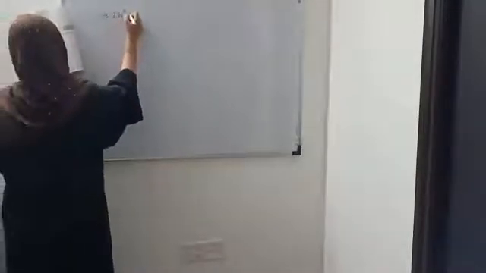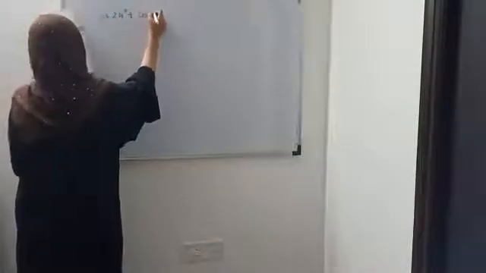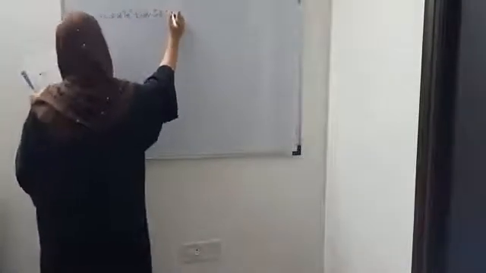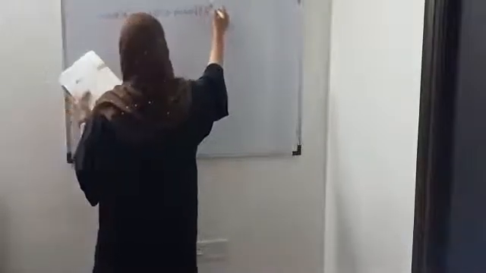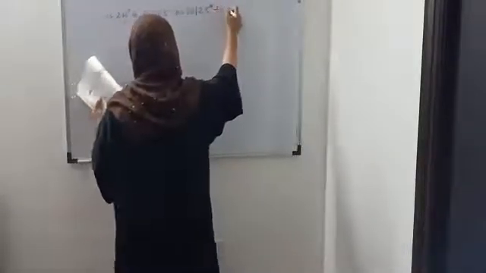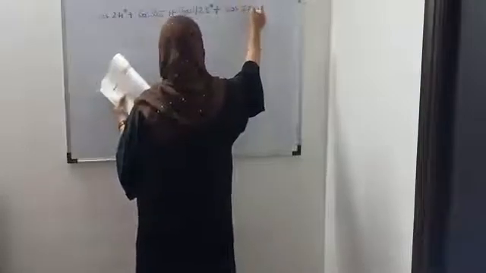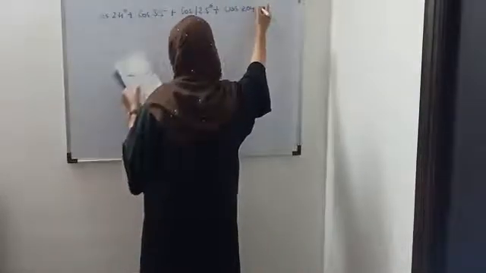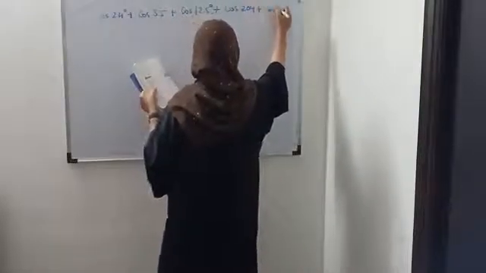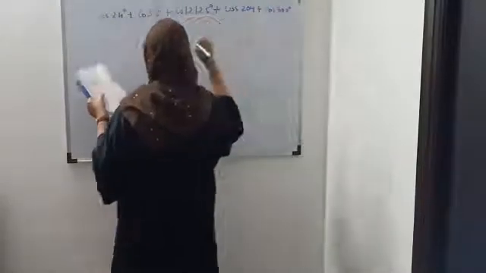So in the second question, what is given? Show that cos 24 degrees plus cos 55 plus cos 125 plus cos 204 plus cos 300 is equal to half.